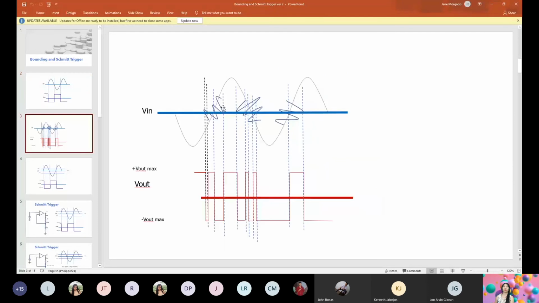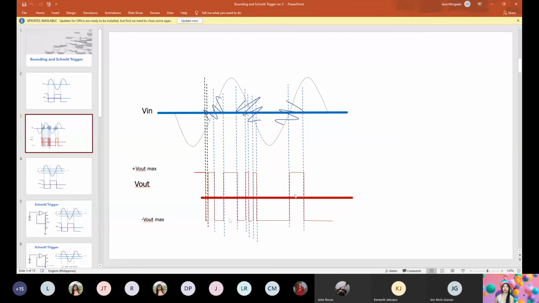But with the presence of noise, what will happen to the output voltage? Every time it crosses the reference voltage, the output toggles back and forth. So in a way it gives a false output.